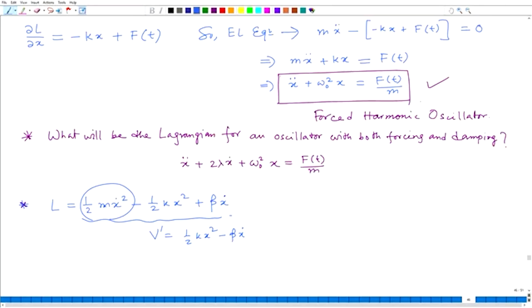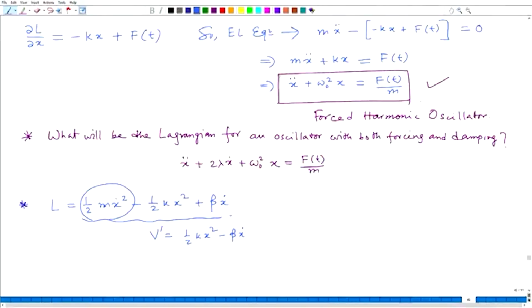Okay. Then the first conclusion you can draw is that maybe it is not related to a conservative system. Maybe it is again representing an oscillator with some damping or with some extra effect where energy is not conserved. But at the same time, I am trying to tell you to also check whether the Lagrangian is explicitly containing t or not.